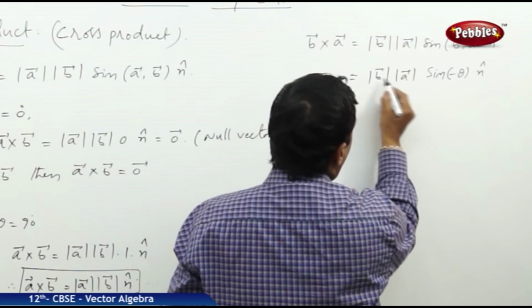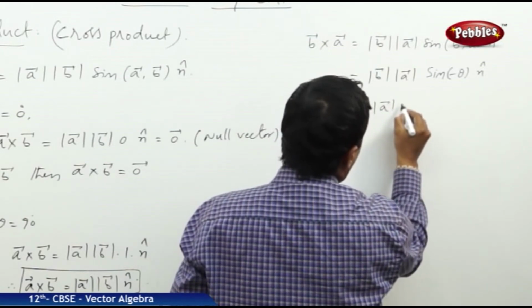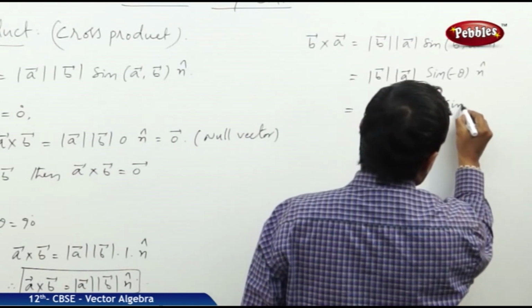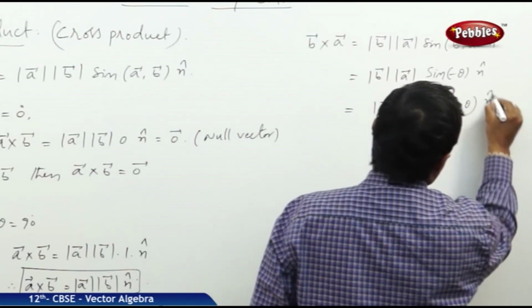Therefore, mod B into mod A, which is nothing but mod A into mod B, into sin of minus theta is equal to minus sin theta into n cap.